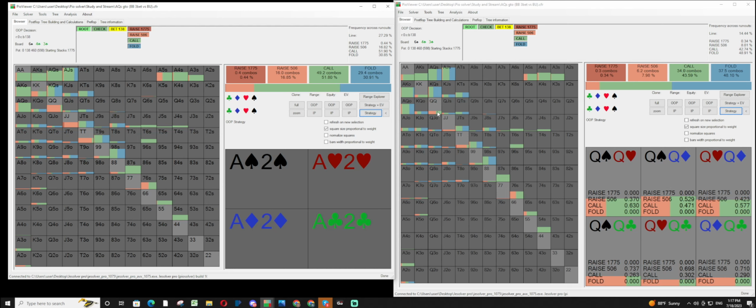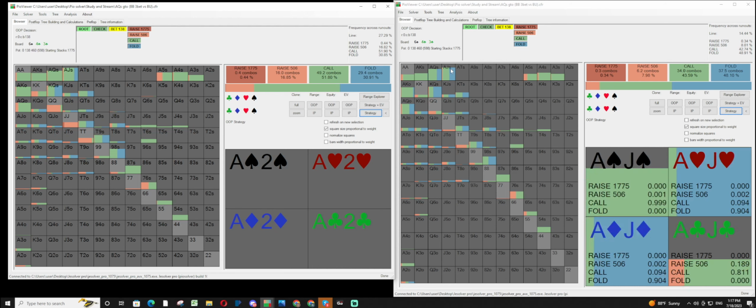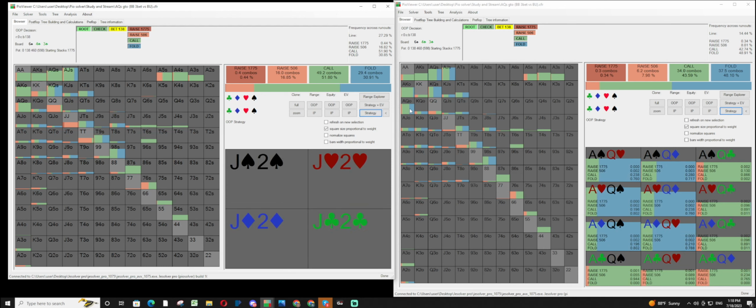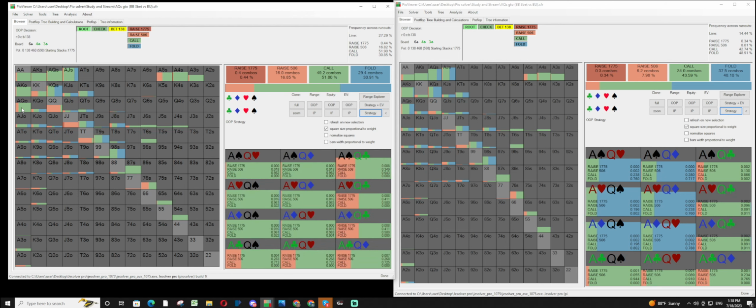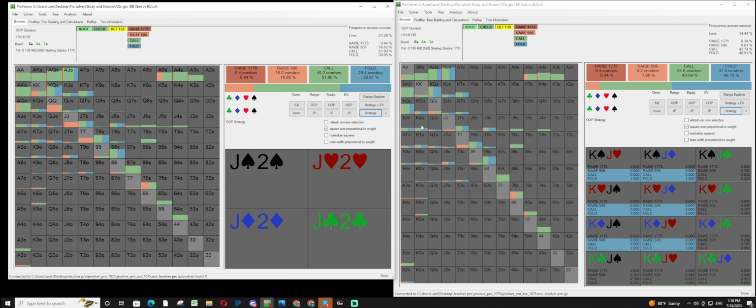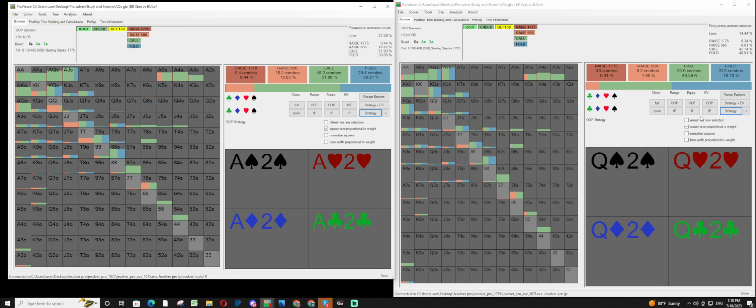You check-raise less frequently with this part of broadways, like king-jack suited, or let's see, ace-queen offsuit. Here it is mostly check-calling, here it is check-raising a decent amount. King-jack, maybe. Okay, so you check-raise less, and you check-call less. You check-fold more, in other words.